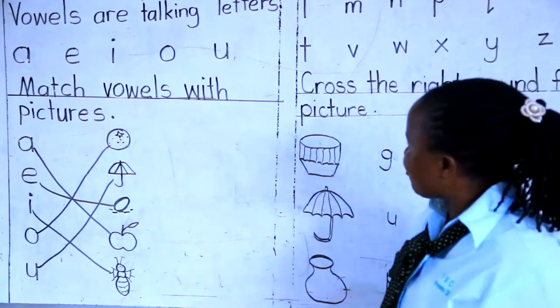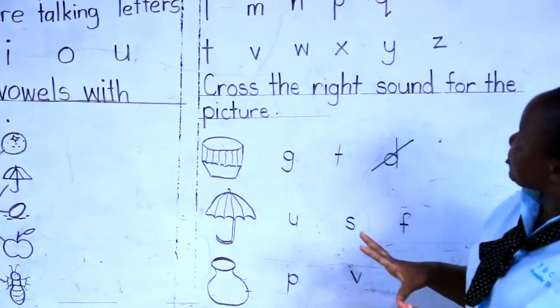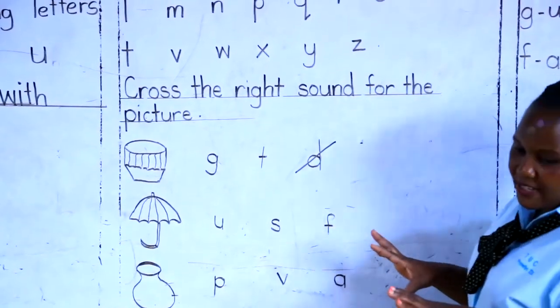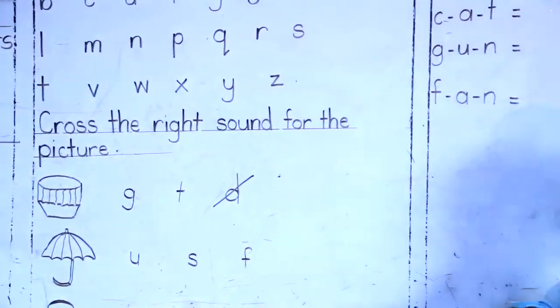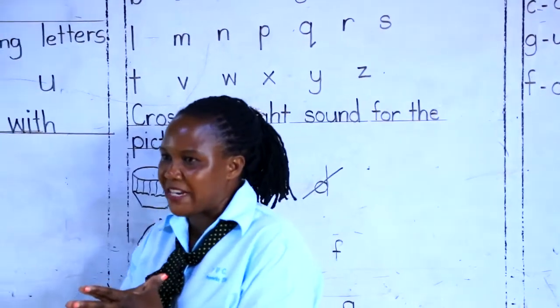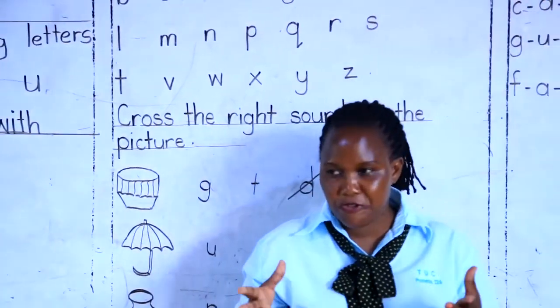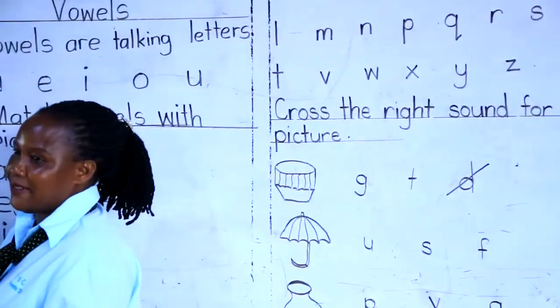Now, we have something else we are going to look at. And that is, we are after our vowels. On the second day, we are going to look at consonants. Everybody say consonants. Consonants. What are consonants? These cannot talk.